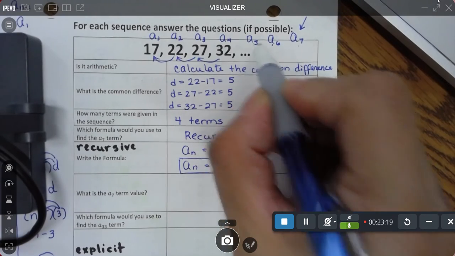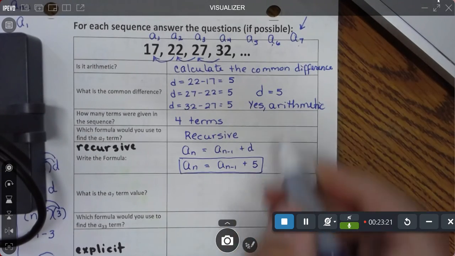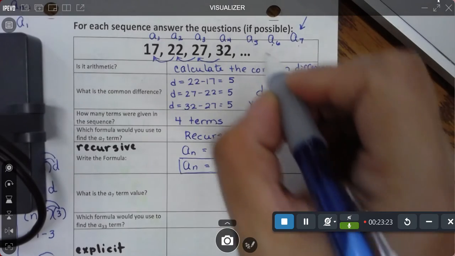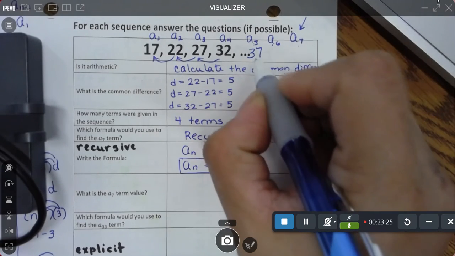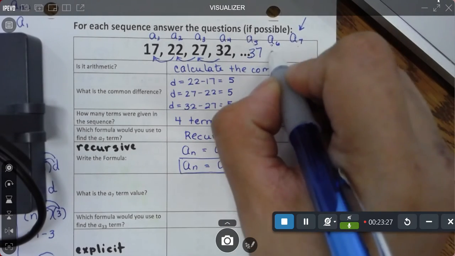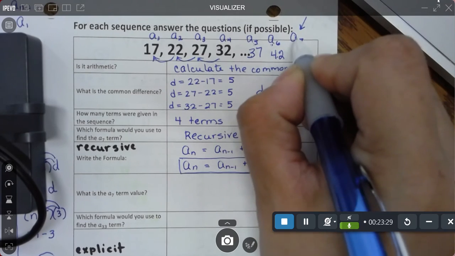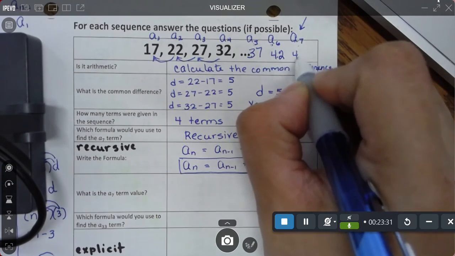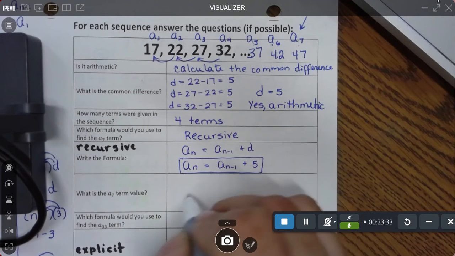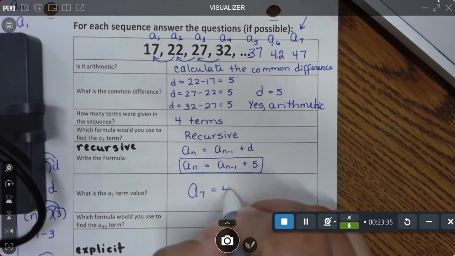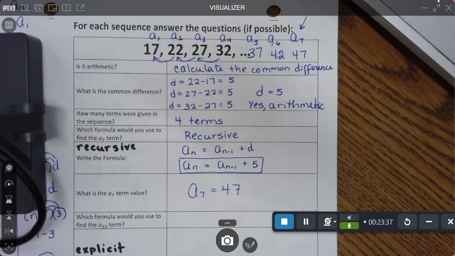So how do we get the 5th one? We need to add 5. So what's 32 plus 5? What's 37 plus 5? 42. And what's 42 plus 5? 47. There you go. A sub 7 equals 47.